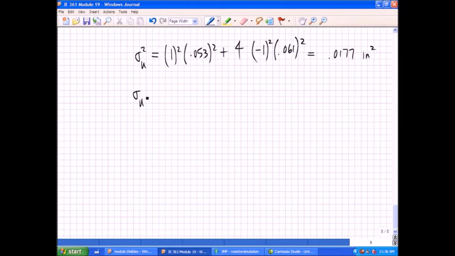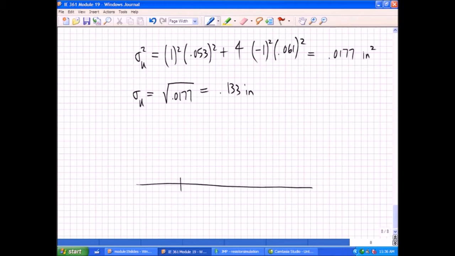And so the standard deviation for the head space is the square root of that, and that's 0.133 inches. So the mean is minus 3/4 of an inch. Standard deviation is 0.133. So the picture is something like this.